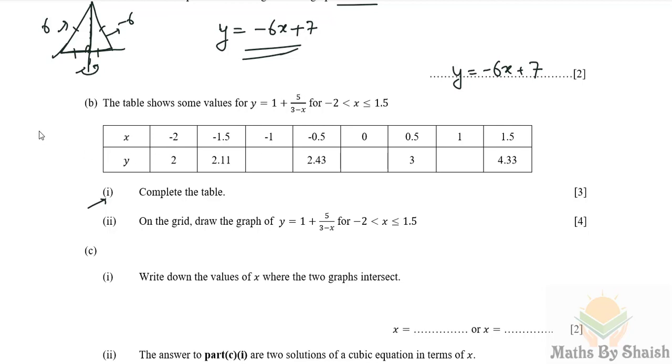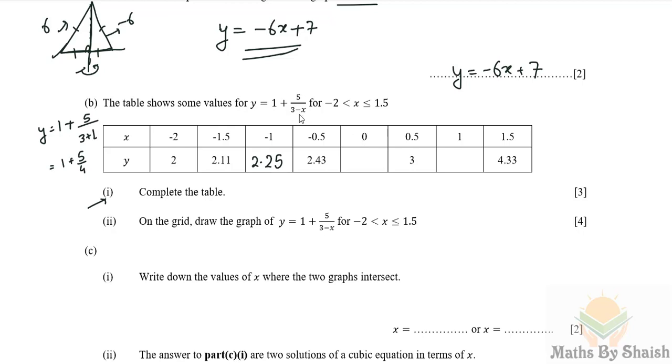So for x equals -1, y is going to be 1 plus 5 over 3 minus x. So minus minus becomes plus 1, which means 1 plus 5 over 4, that is 9 by 4, and hence it is 2.25.